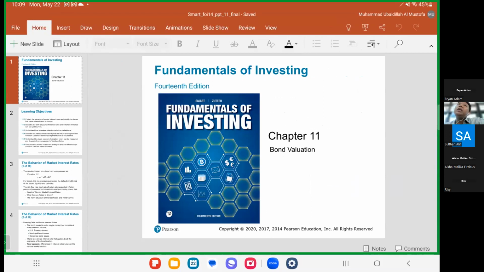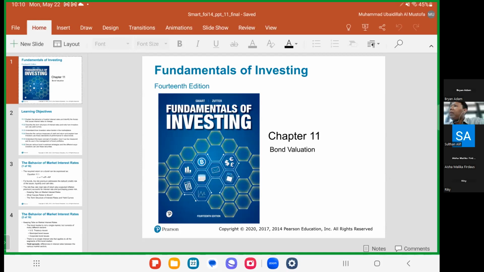We also learned about the many characteristics of bonds in comparison to stocks. By this class, I think you have already known the difference between bonds and stocks.